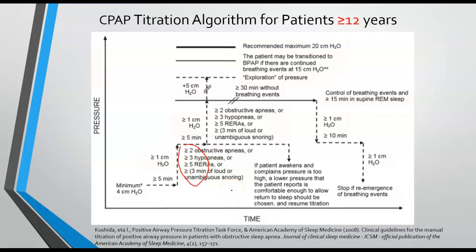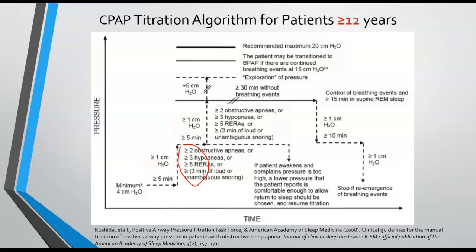So what it means is that once the patient starts sleeping, you start a CPAP of 4 or 5, and then if you see 2 obstructive apneas within 5 or 10 minutes, or 3 hypopneas or more, or 5 RERAs or more, you can increase to the next level, that is a CPAP of 6. Then wait for 5 minutes minimum and see whether any obstructive events, hypopneas or RERAs are coming.